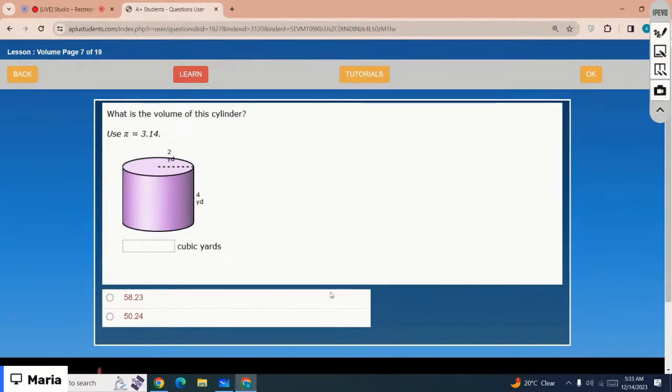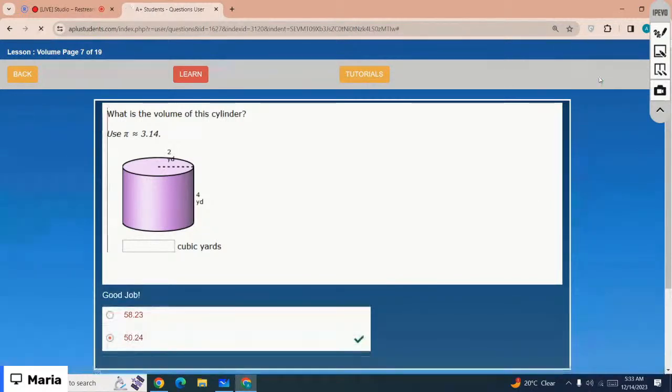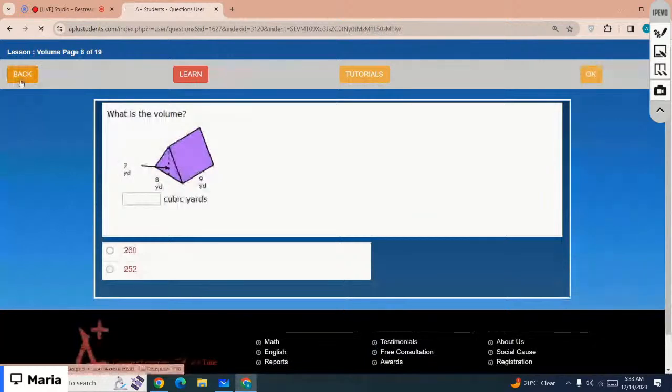Very good. Okay, you can complete the lesson by yourself later today. Let's just move on to next lesson, and the next lesson is surface area, I think.